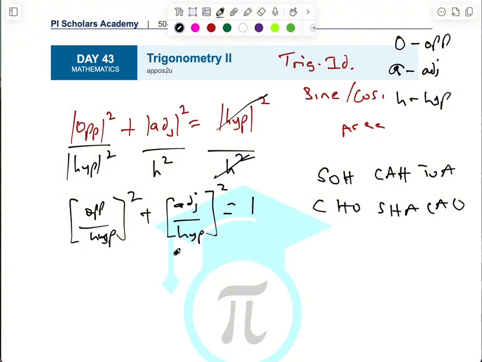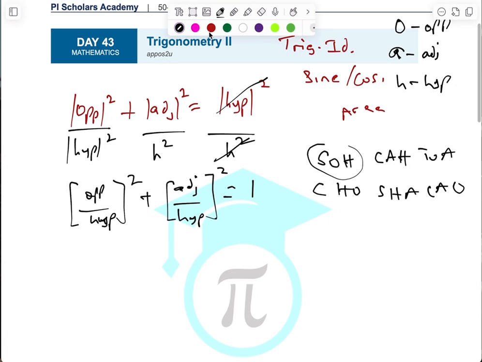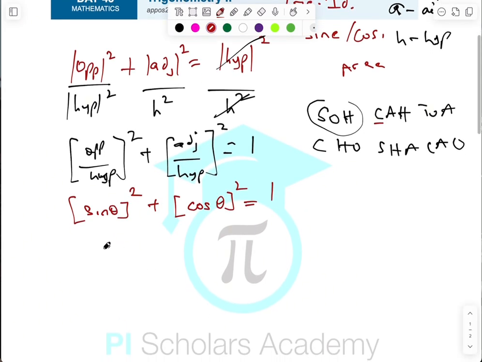We know that opposite divided by hypotenuse is our sine. So this is sine theta, all squared, plus adjacent divided by hypotenuse, that is cosine, so cosine theta, all squared as well, equals 1. Therefore, we have sine squared theta plus cos squared theta equals 1.